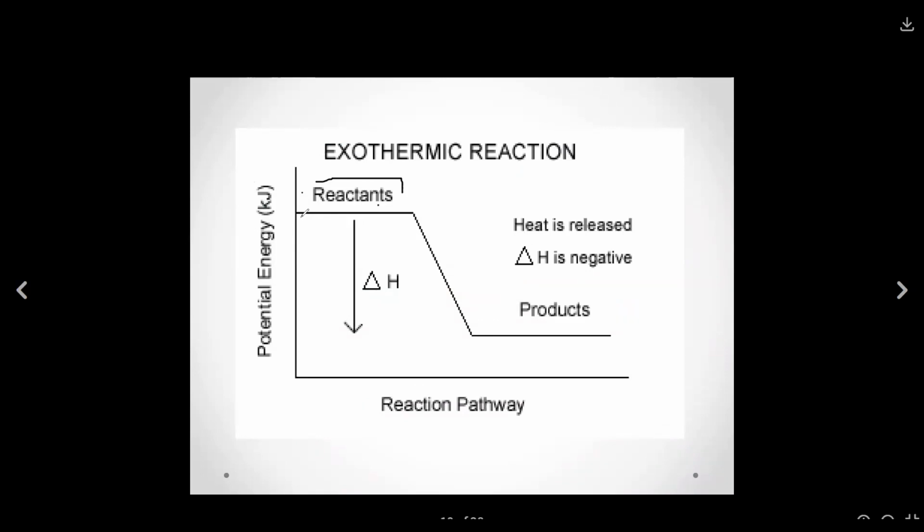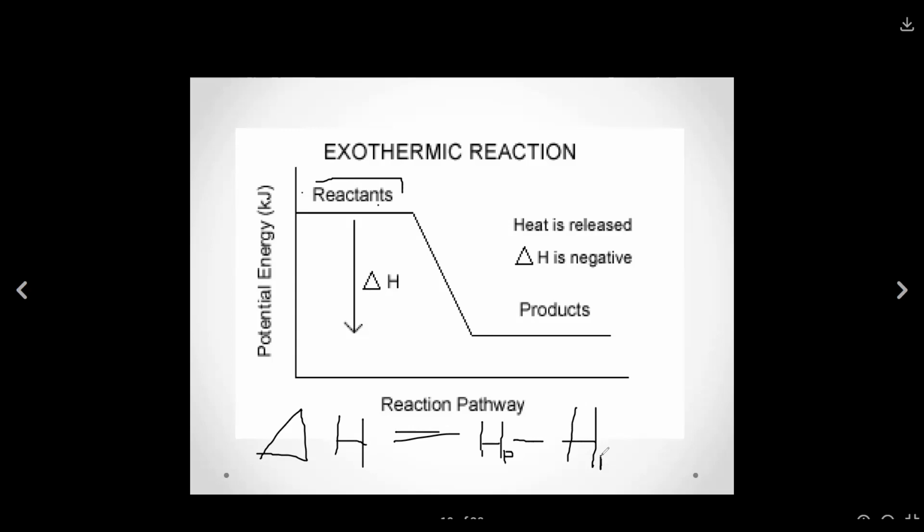One thing that I want us to understand is delta H, which is always represented like this. Delta H is equal to the summation of the heat of products minus the summation of the heat of reactant.